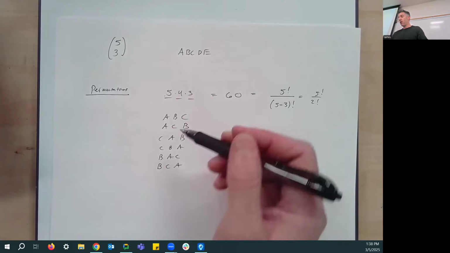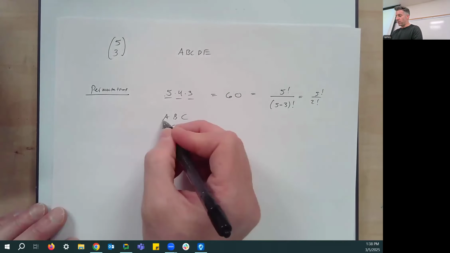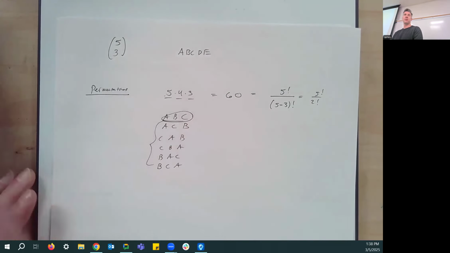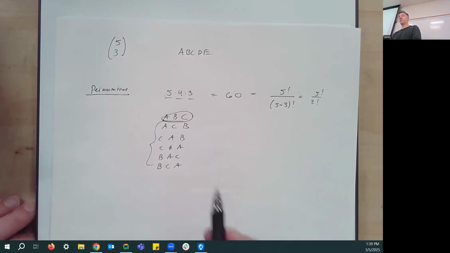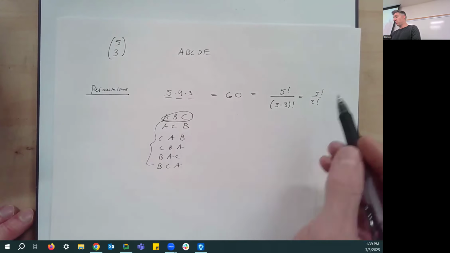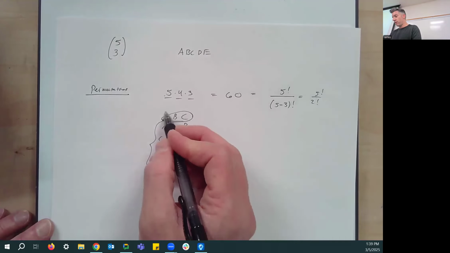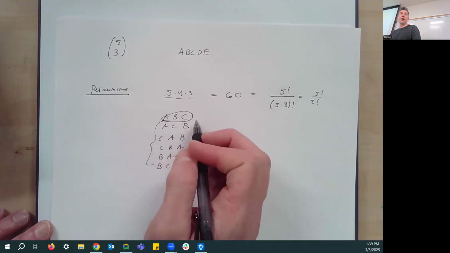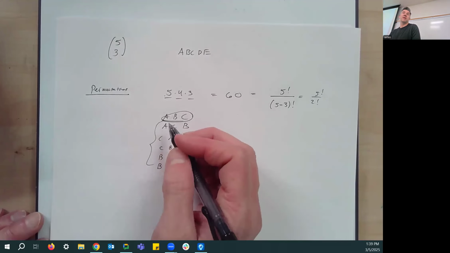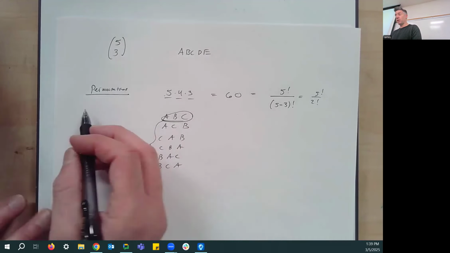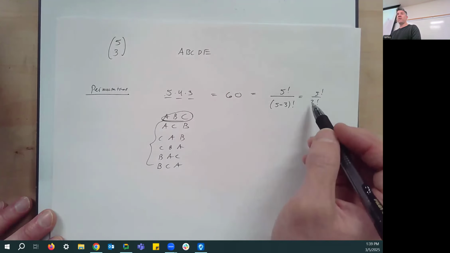I don't want all 6 of these permutations. I want one of these to represent all 6 of these. So what I need to do is take the number of permutations in total and then divide by the number of ways I can permute these 3 objects, which is 3 factorial. So the number of permutations is 5 factorial over 2 factorial.